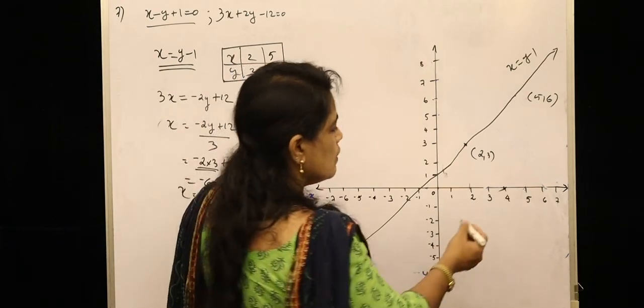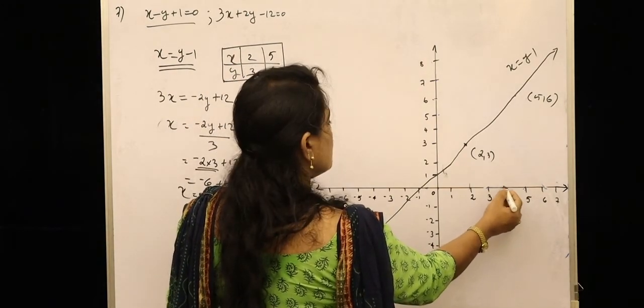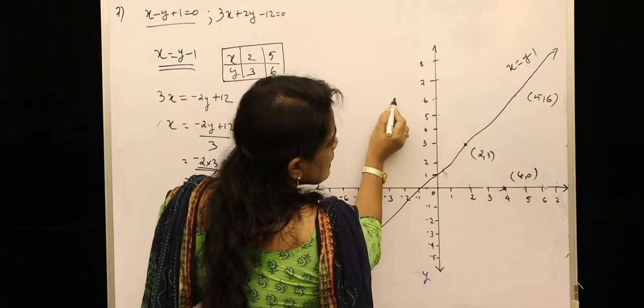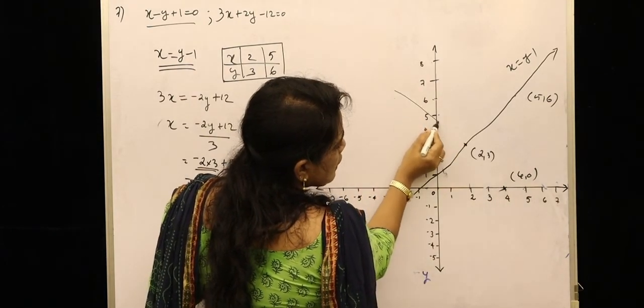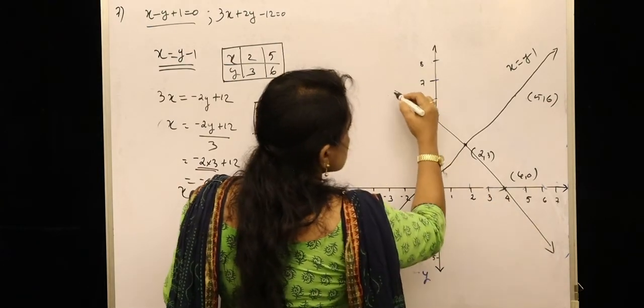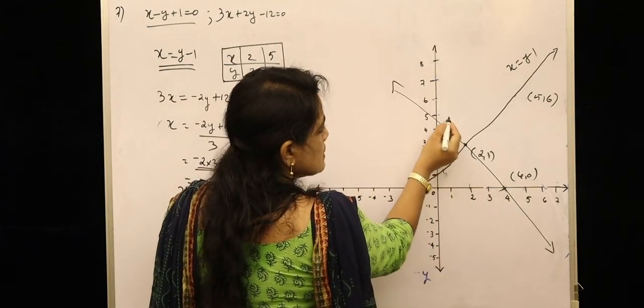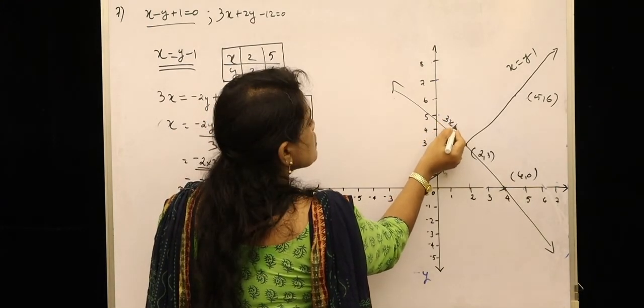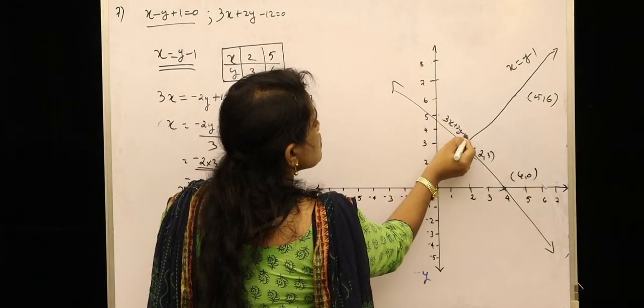Here the coordinates represent 4, 0. Using a scale, you can join these 2 points. This line represents the equation 3x plus 2y minus 12 equal to 0.